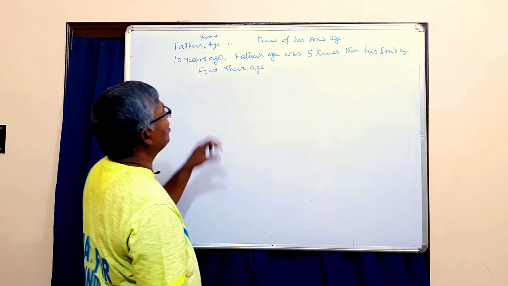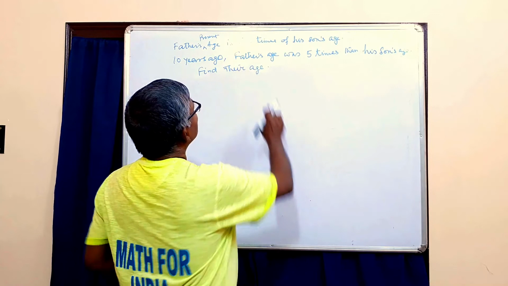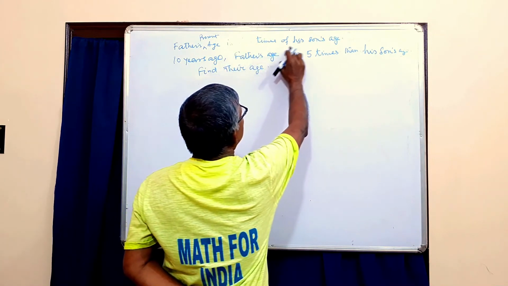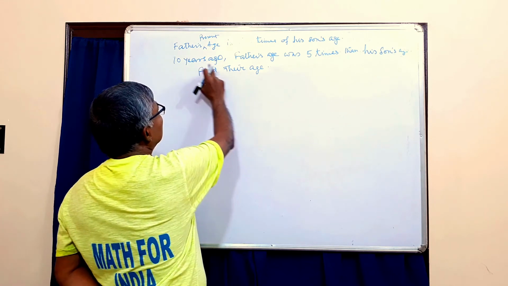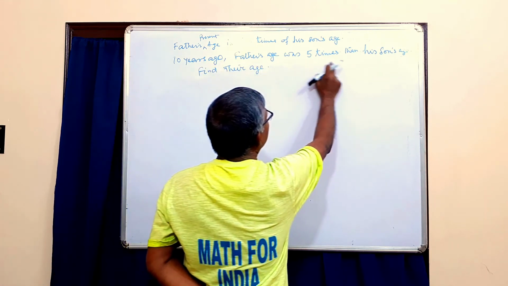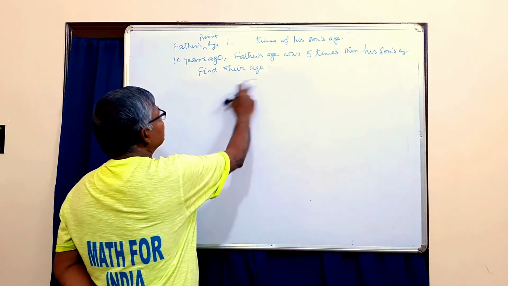Let us consider the problem. Father's present age is 3 times his son's age. 10 years ago, father's age was 5 times his son's age. Find their ages.